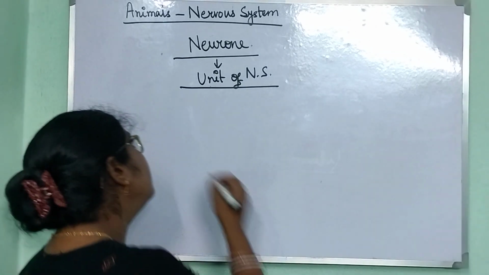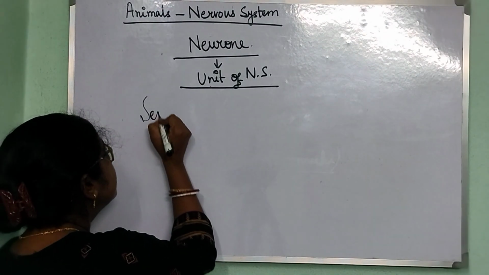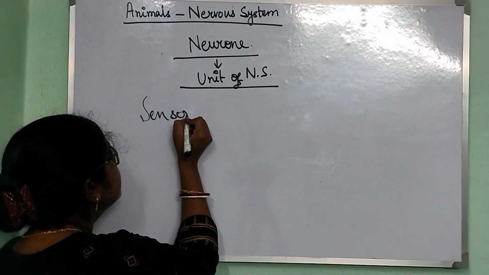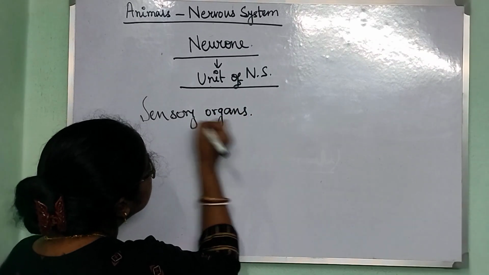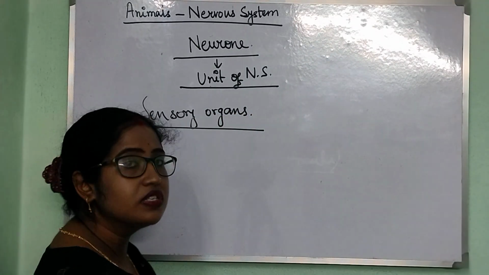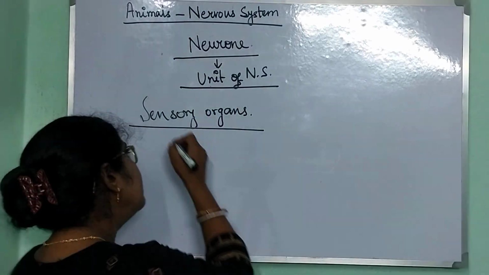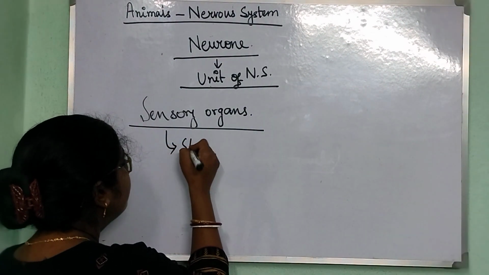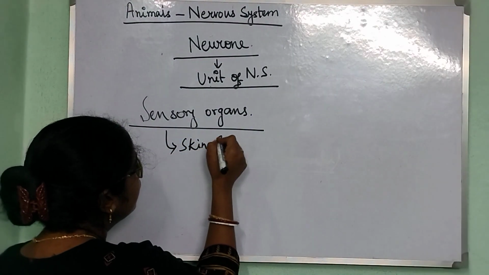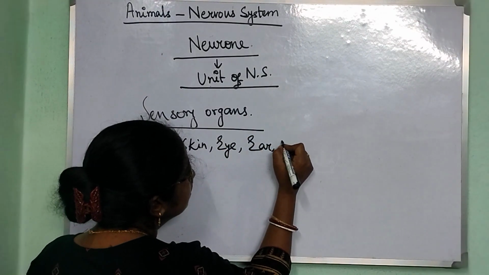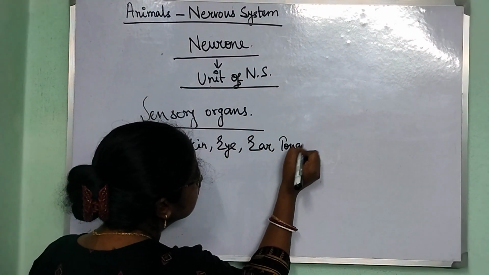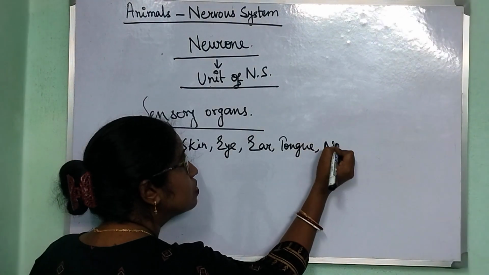Those organs are known as sensory organs. We all know that we have 5 different sensory organs: our skin, eye, ear, tongue and nose.